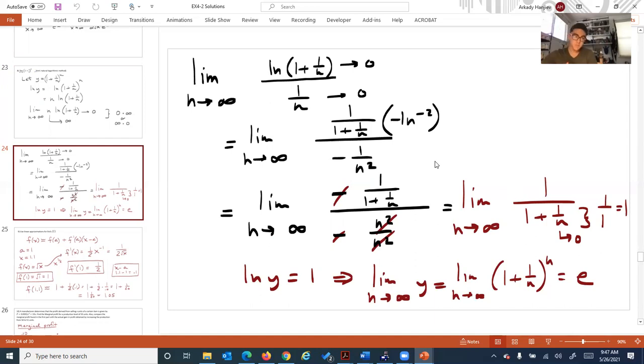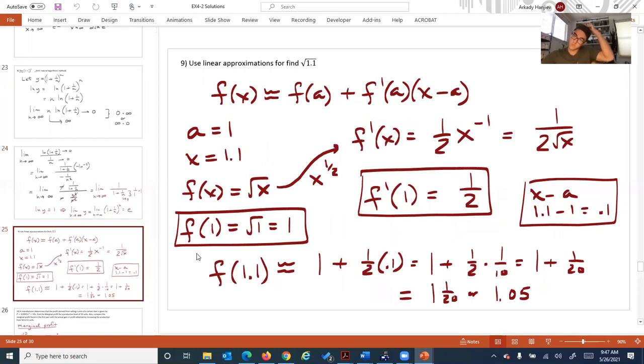And then for 9, I did it, but I didn't get something that was close to what the square root of 1.1 actually is. Let's see, the formula is good though: f of a plus the derivative at a, because it's taking the slope and then the difference between the two.